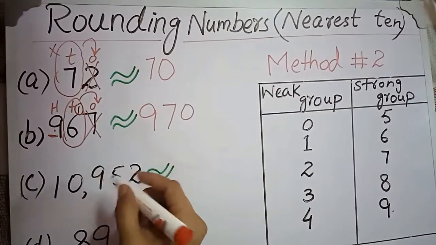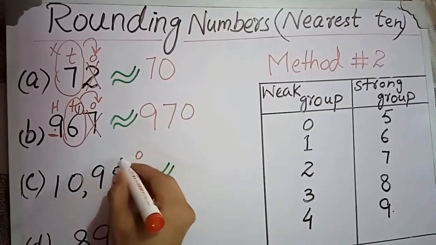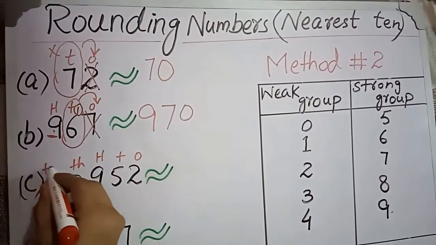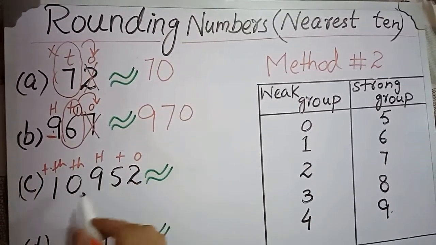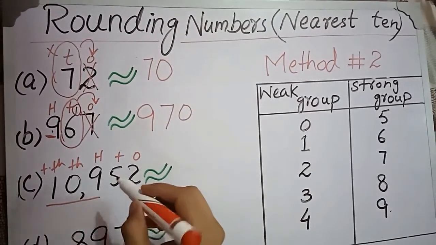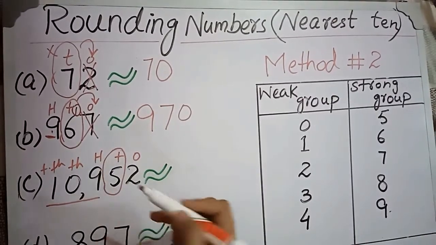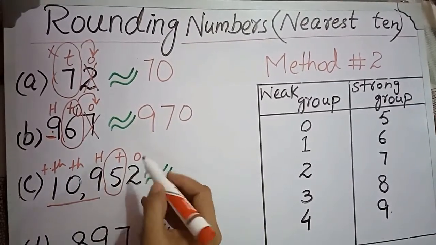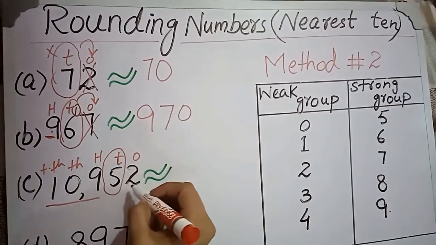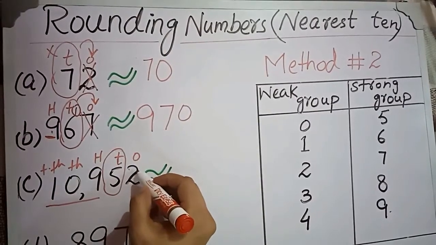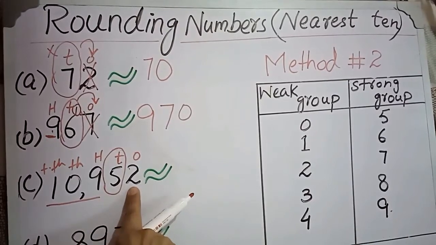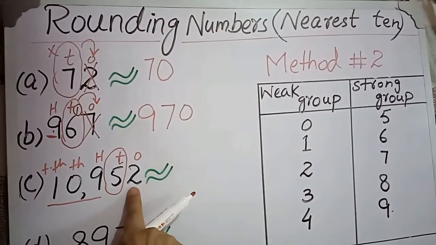Now the first step is to put place values: ones, tens, hundreds, thousands and ten thousands. As you know, these numbers are the constant numbers. We have to round off the tens place, and whenever we round off the tens place, again we have to look at the next number. Again the next number is weak, a member of the weak group.